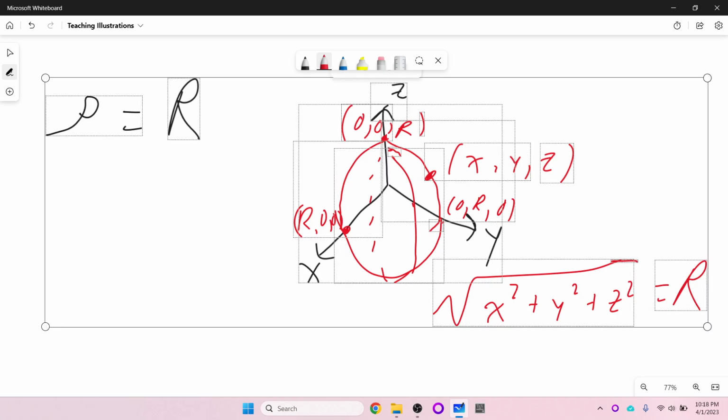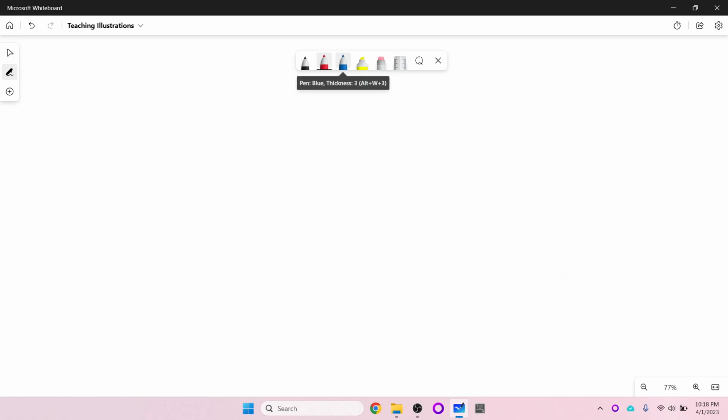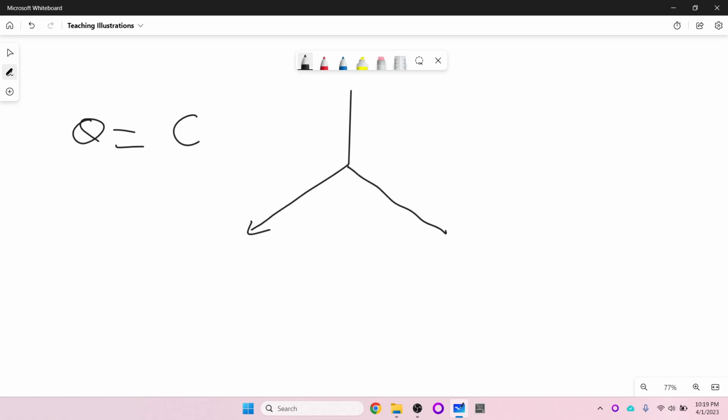What about the others? Well, what about theta equals a constant c? What that would look like is, theta would be the angle going out from x like this.